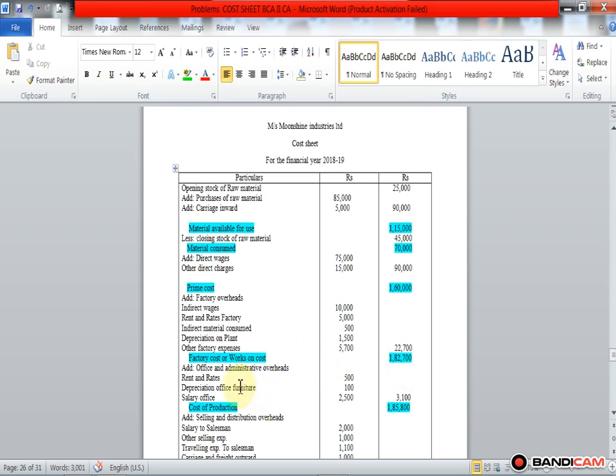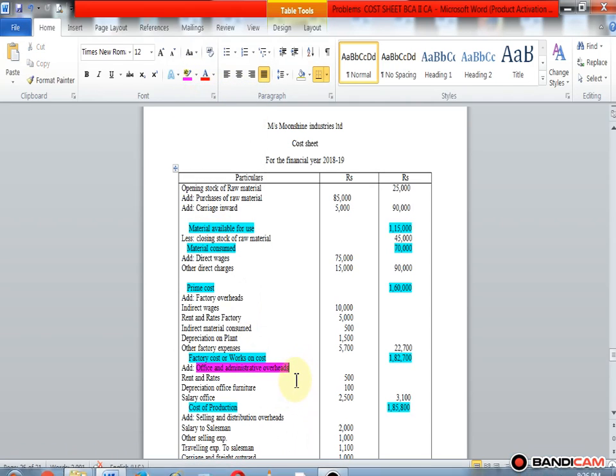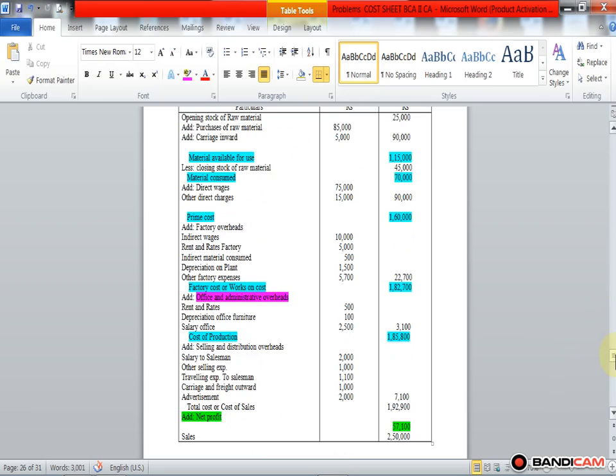Okay, then in factory cost or works cost we add office and administrative overheads. Those expenses which are related to office and administration are transferred under this head.